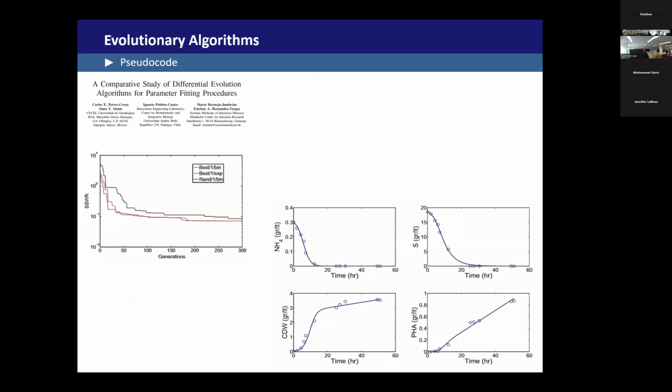We have been testing the algorithm, as I said, with different settings of the hyperparameters, and we did not observe big changes there. We will do this example today. This is done with MATLAB, and basically it's working well to find the parameters that my differential equations will be adjusting to the vector.